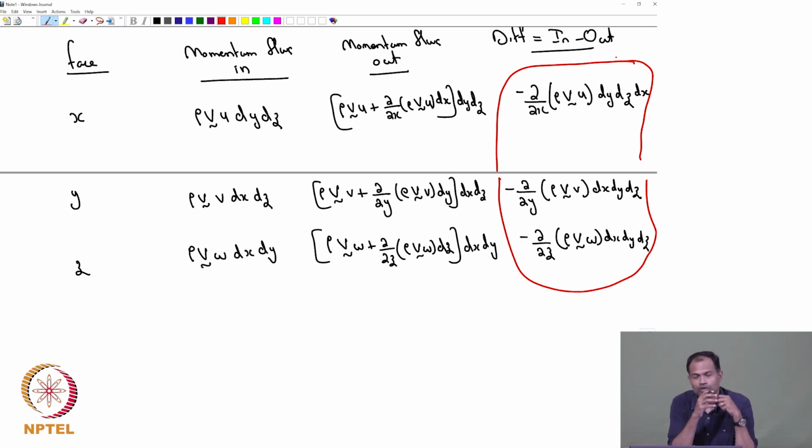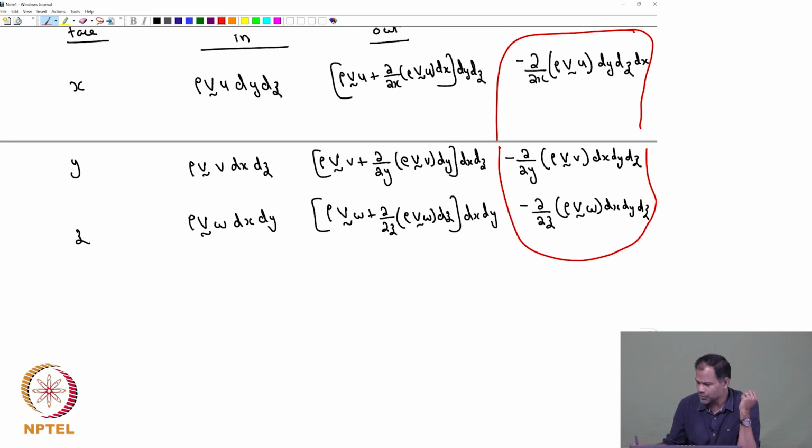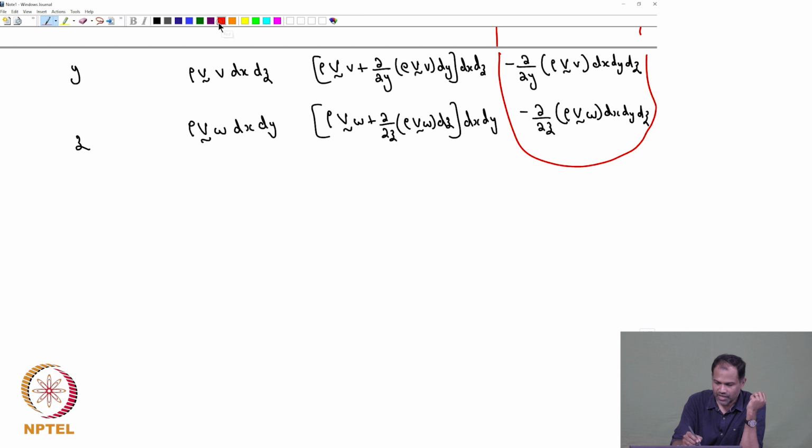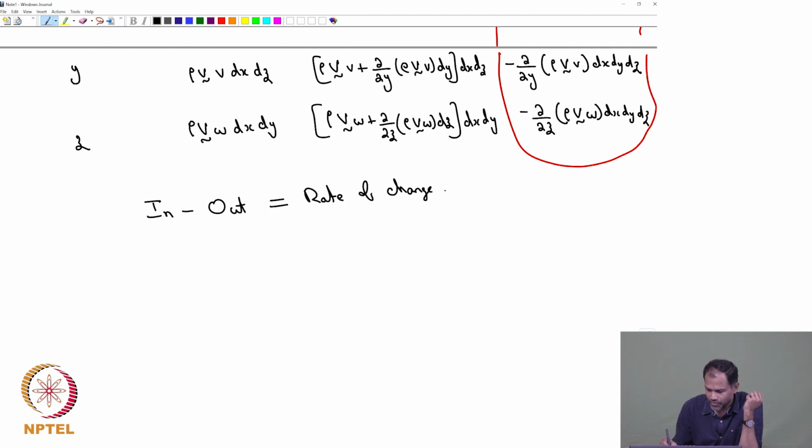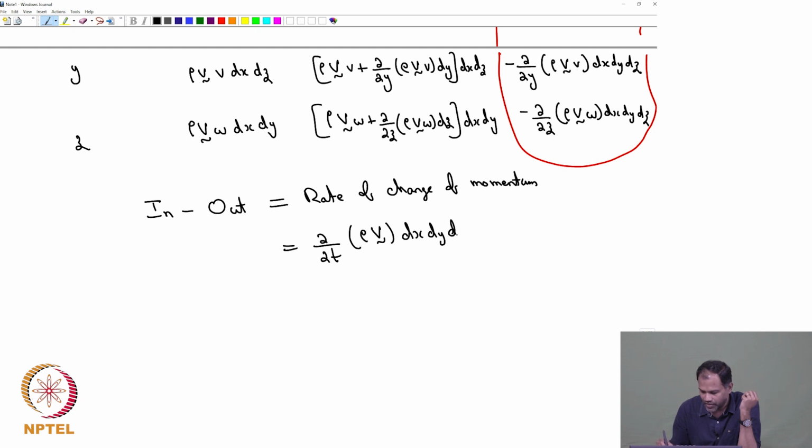So, if in is not equal to out, that means the momentum of the fluid in that particular volume is going to change, and we know how to do that. So, we can say that in minus out has to be equal to the rate of change of momentum, which I can write as del by del t of rho v times dx dy dz.